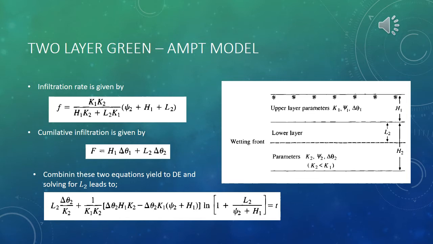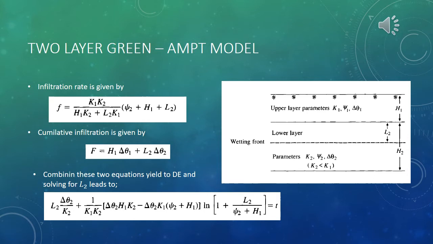And for the cumulative infiltration, it is H1, the upper layer, times delta theta 1, plus L2 times delta theta 2. Why are we taking L2? Because we know that after L2 is dry soil. That's why we don't count H2 minus L2.